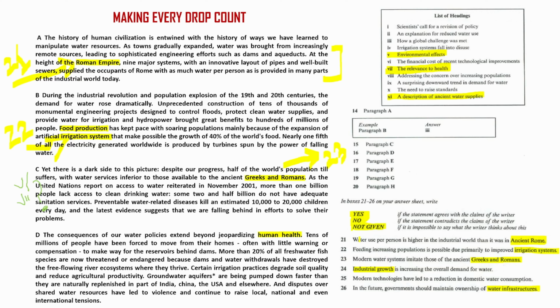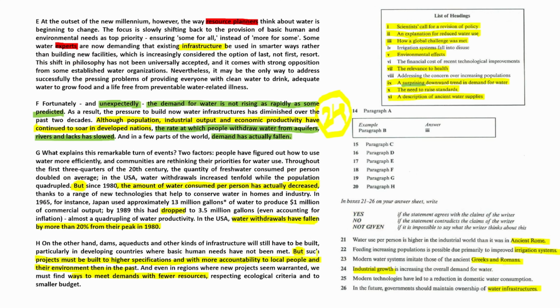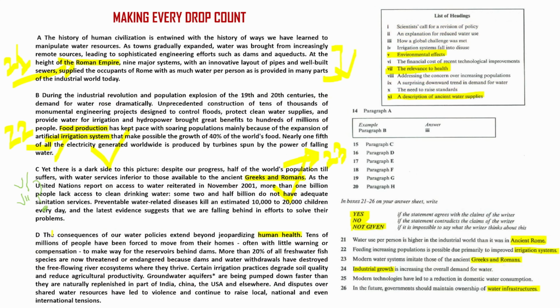I just wanted to give you the idea. Here you can just go and find the answer of 21. Here you have the keywords of 22. Now you don't have to search these keywords again. Here you have the answer of question number 23, right? For 24 you can go to the next paragraph and find the answer of question number 24. For 25, here you can go and find the answer, and for 26 paragraph H is there. Okay, so you can do it.